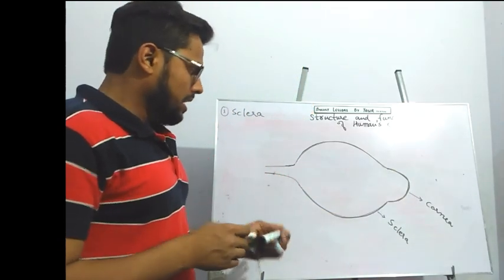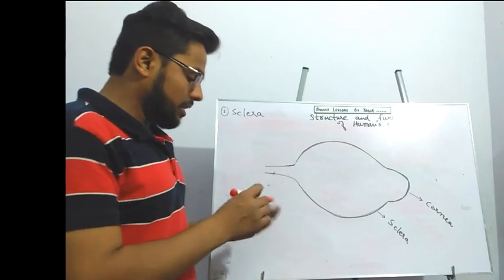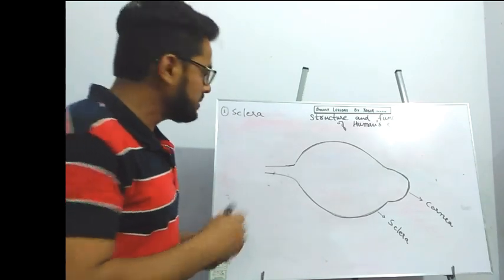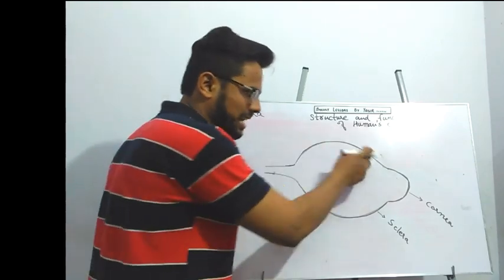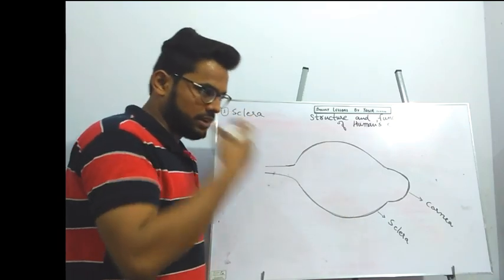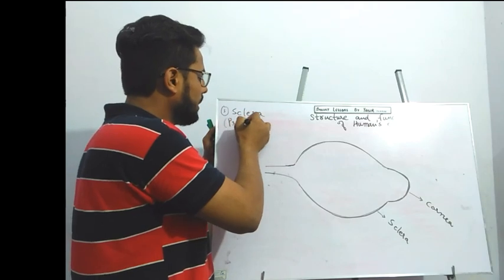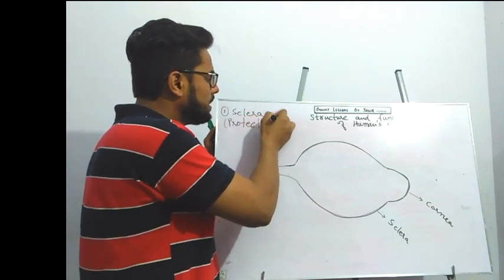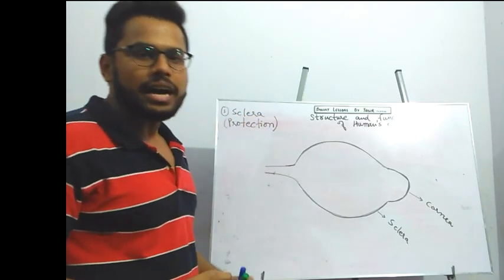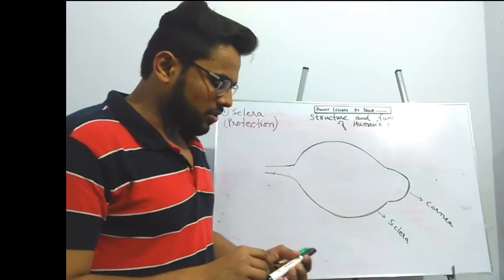Now, what is the function of the sclera? As it is present outside and is a tough membrane, it has the function of protection. It protects the internal contents of the eye.